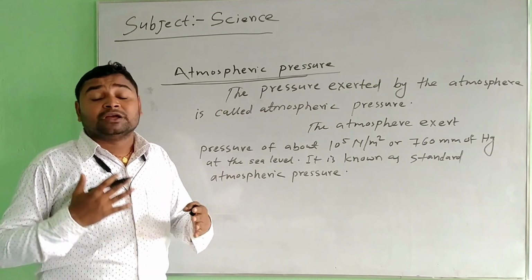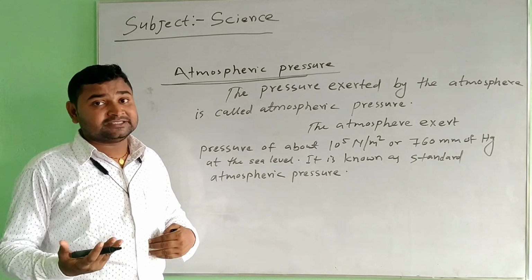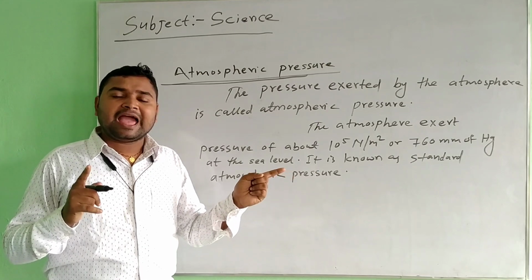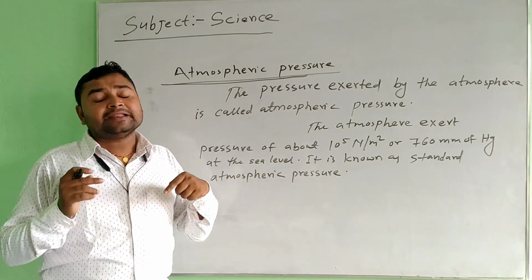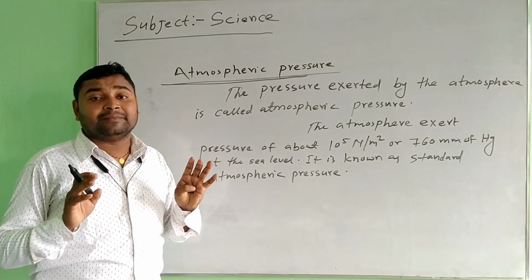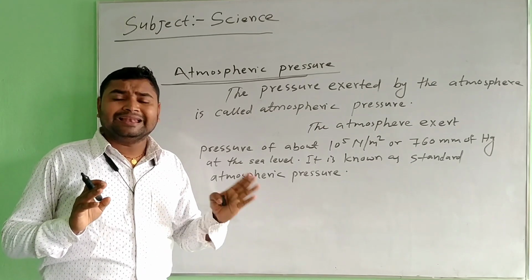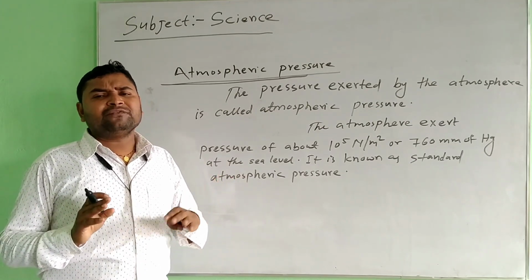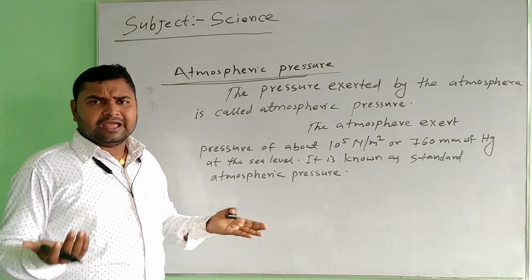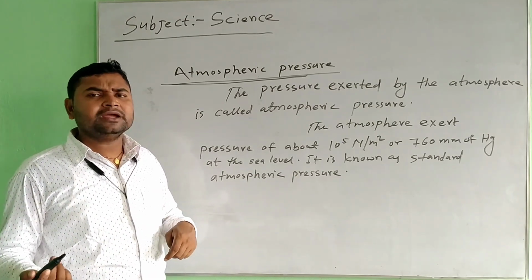At that time, nose bleeding and eye bleeding occur. So the pressure inside us must be equal to the atmospheric pressure, then there will be no problem. But when the atmospheric pressure becomes low, we feel uneasy and are unable to work, and nose bleeding or eye bleeding starts.